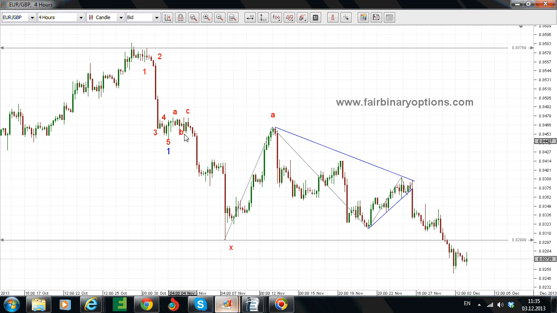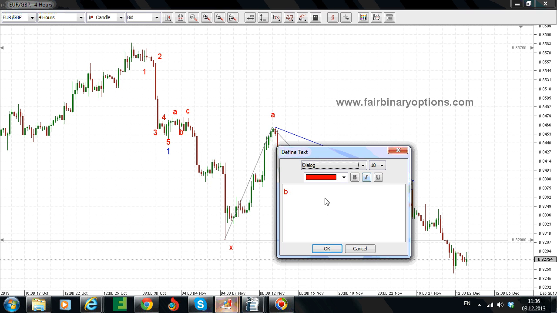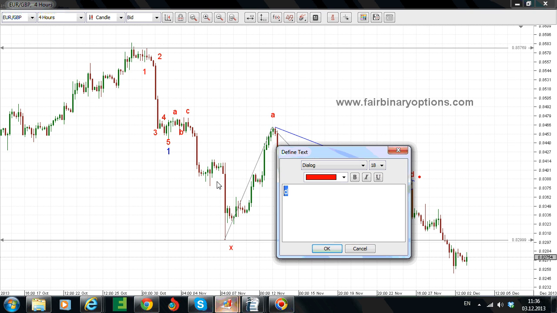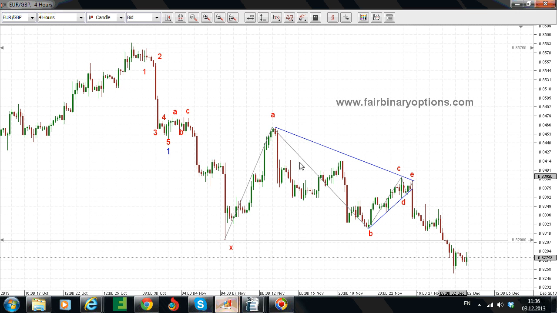So A, B, C, D, and of course the E wave to the upside. Now this, my friends, is going to be the end of the E wave and basically the end of the second wave out of this degree.